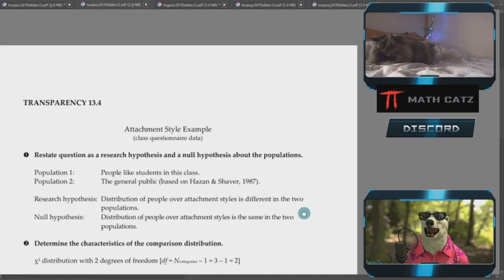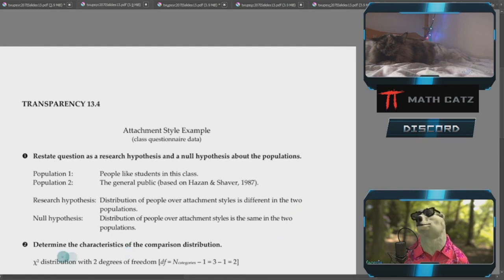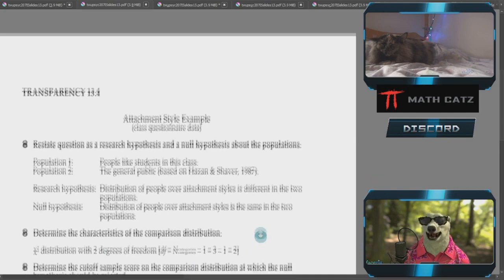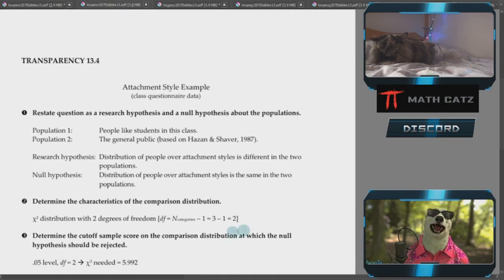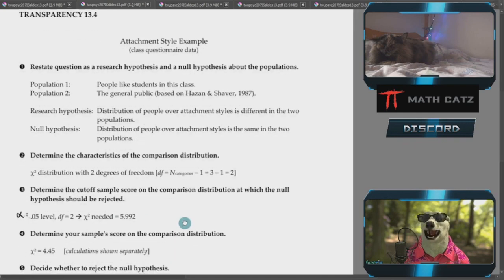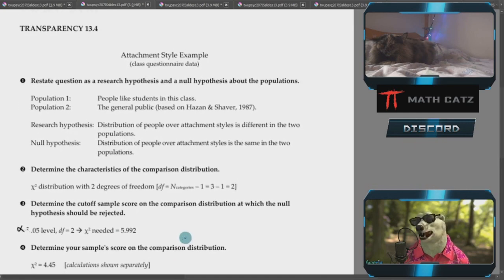So then we look at our chi-square distribution, 2 degrees of freedom, 1 less than the number of categories. And we're going to use an alpha of 5%. With those degrees of freedom, we saw in our table that our cutoff line was at 5.992. We calculated our observed chi-square statistic, comparing the observed to the expected, and got 4.45.